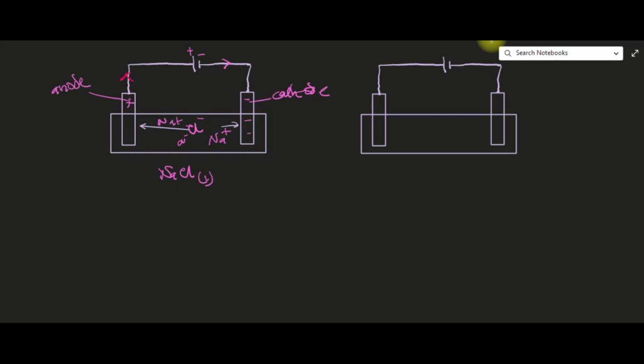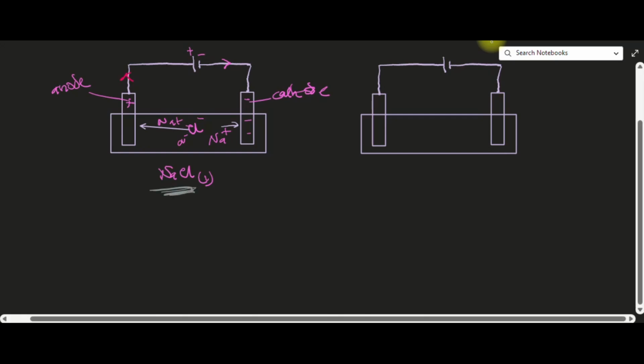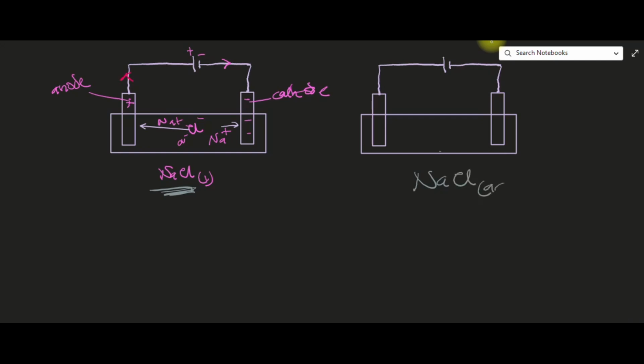As we used molten sodium chloride, let us use aqueous sodium chloride here, NaCl, but this time it's going to be aqueous. So NaCl dissolved in water, in H2O.